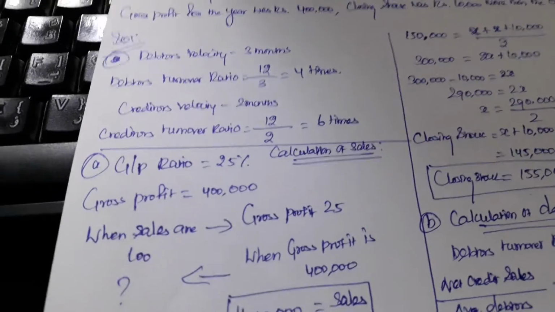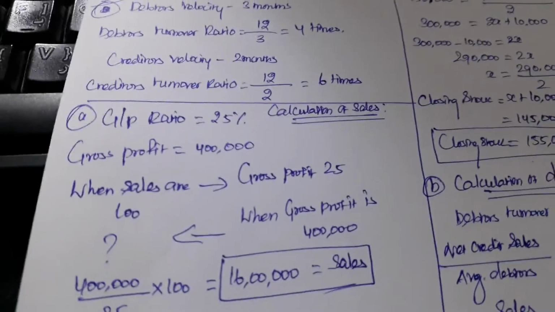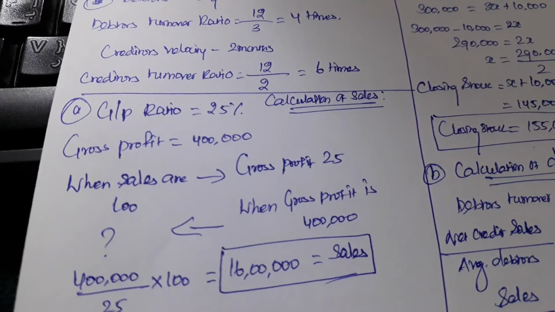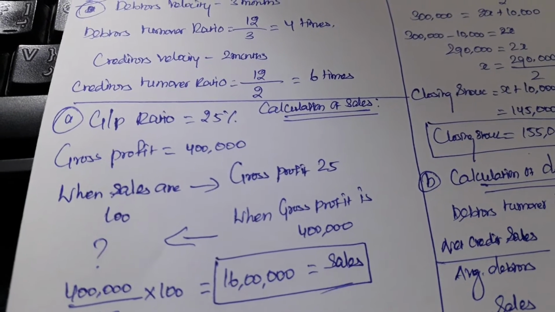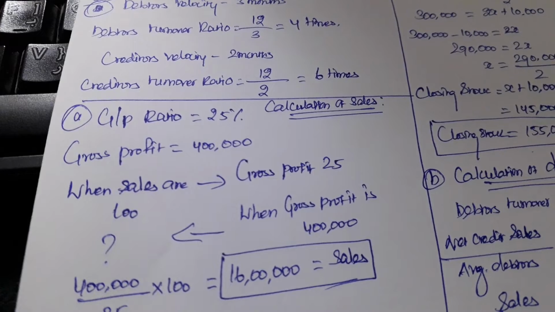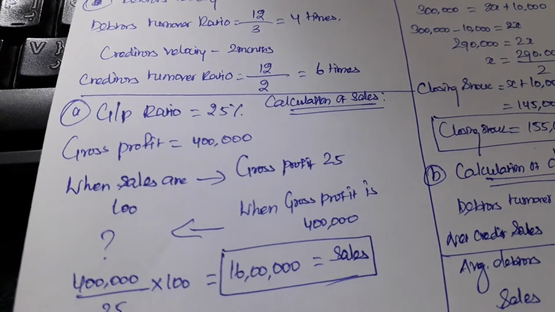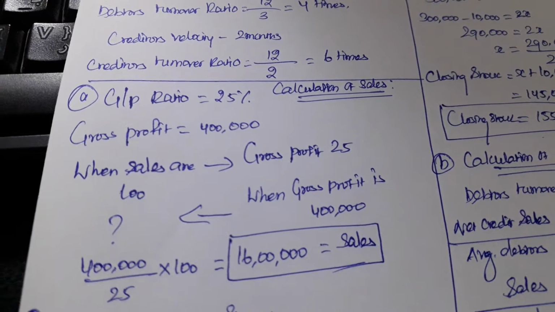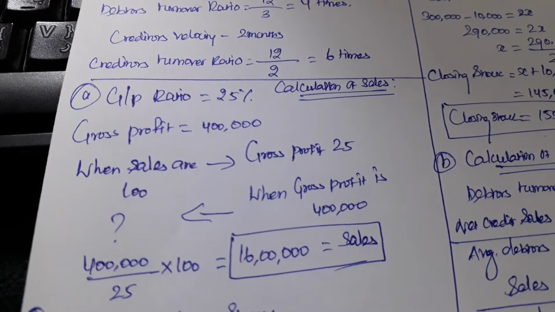Now we are going to calculate the sales. The title is calculation of sales. Gross profit ratio is given in the problem as 25%. Gross profit value is also given as 4 lakh, through which we need to find the sales value.